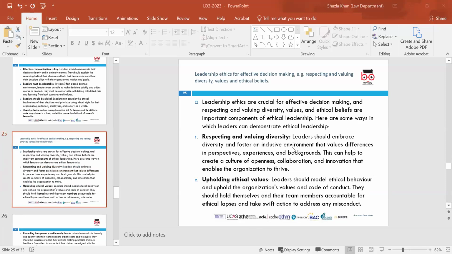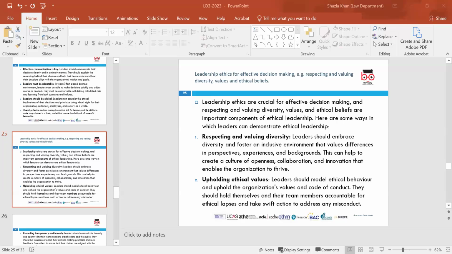So, leadership ethics for effective decision-making: respecting and valuing diversity and ethical beliefs is a really important part of any organization. Ethical leadership is really important. Ethical leadership is a style of leadership that prioritizes morals, principles, and values in decision-making and behavior.